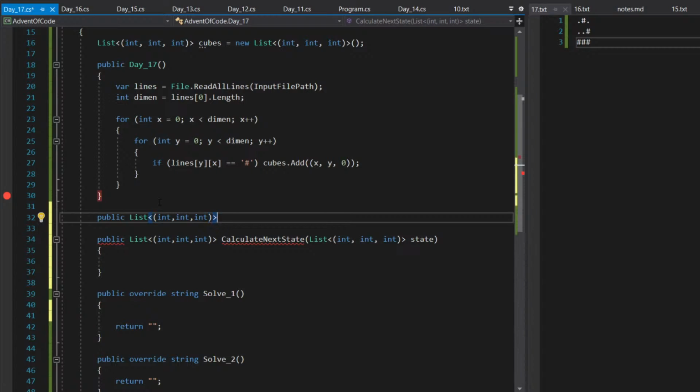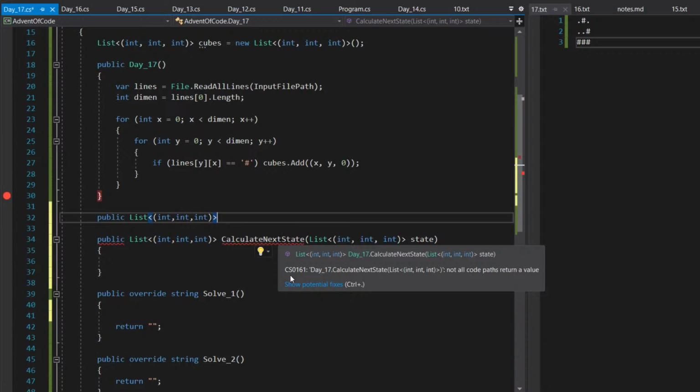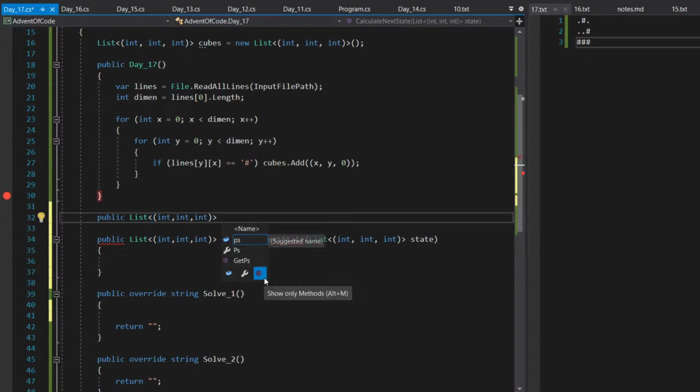how am I going to look up, I want to be able to look up cubes inside of our list.